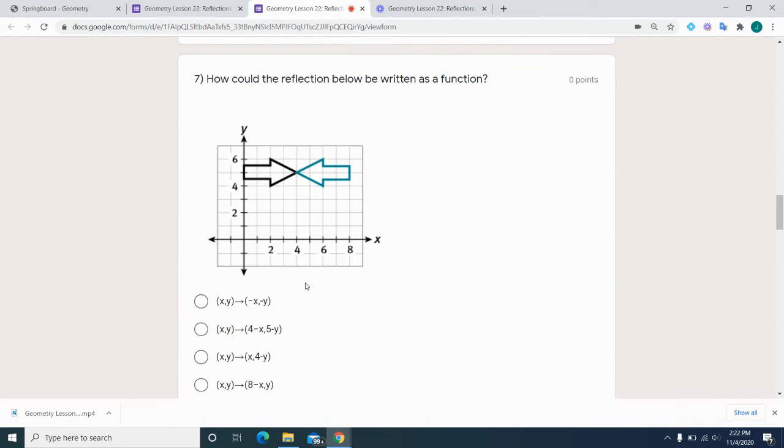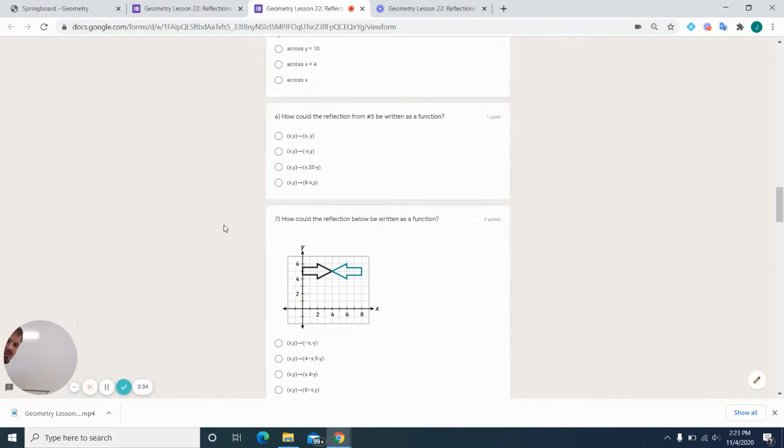Okay, let's look right here. How could this equation be written as a function? So let me draw what we have right there. We have an arrow that starts at, so we have 1, 2, 3, 4, 5, 6, and let me zoom out.